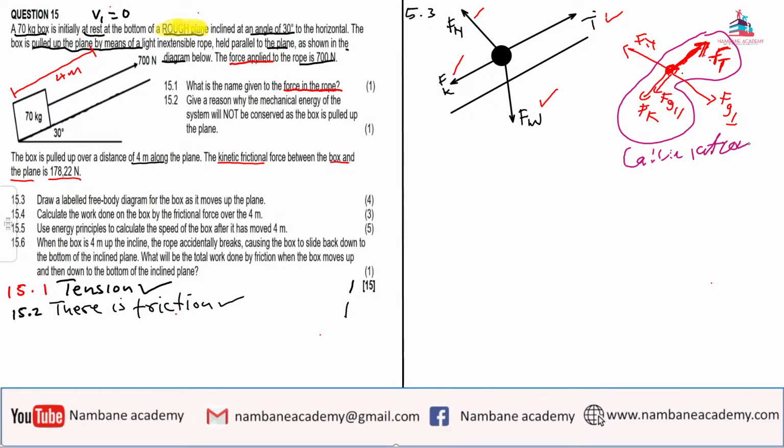For the purpose of calculations, it is entirely important to have a free body diagram with the components such that you do not miss any force that is going to assist you in terms of your calculations. So this we are just going to use for the purpose of calculations. Let's be clear on that one.